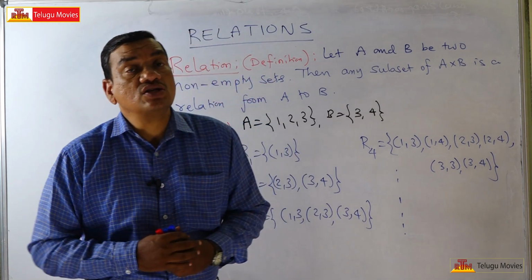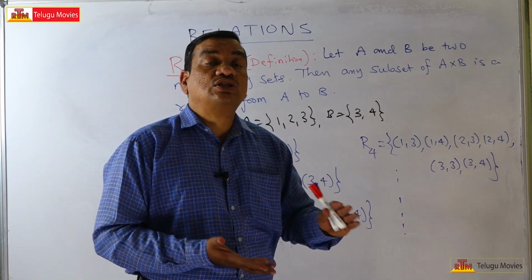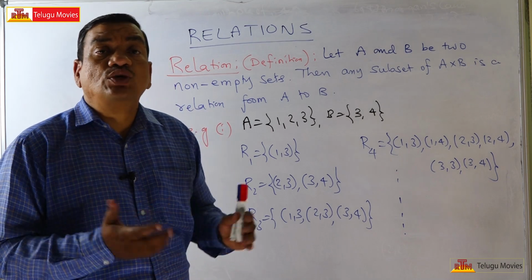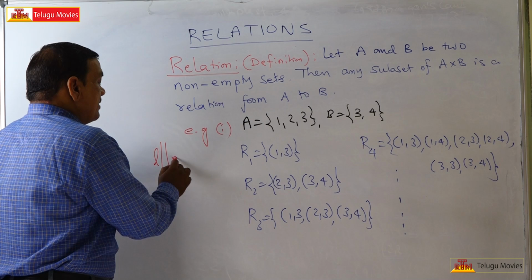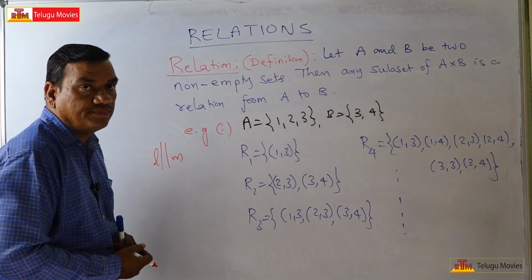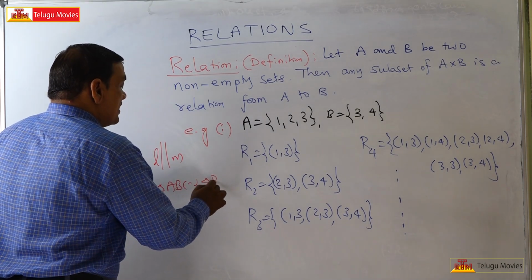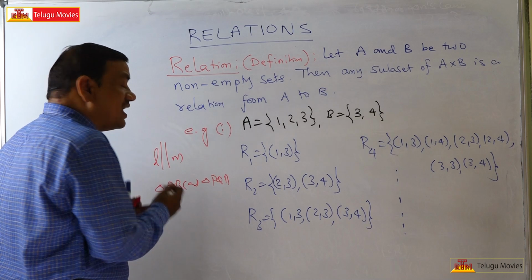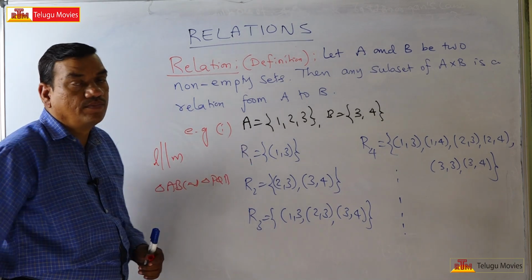In geometry also, we come across many types of relations between two lines, two triangles, or any two things. For example, L is parallel to M. Yes, it is a relation: is parallel to is a relation between L and M. Triangle ABC is similar to triangle PQR. Here similar is the relation between triangles ABC and PQR.